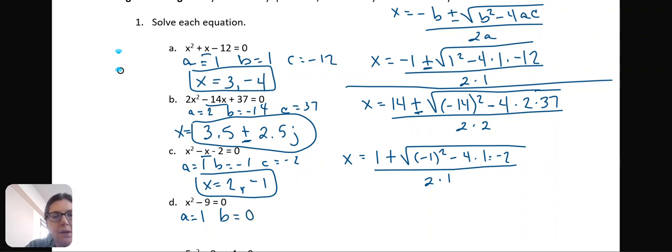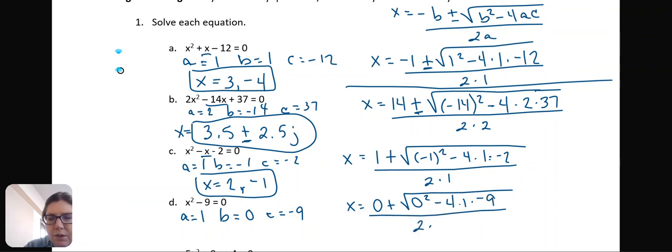It's gone. And then the C is negative 9. So opposite of B is still 0. Opposite of 0 is always 0. Plug it in: 0 squared minus 4 times 1 times negative 9, all over 2 times 1.